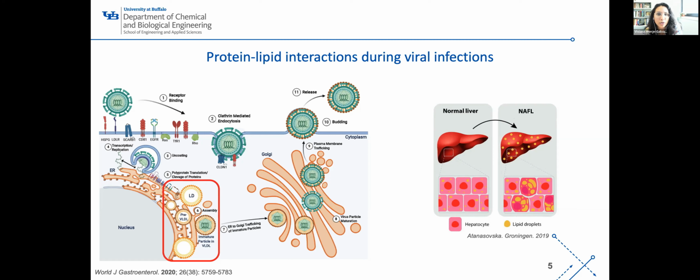When the cell cannot use them properly, that is, store the fat and then use it afterwards when needed, these fat storages start to accumulate, as you can see on the far right of my screen. When that happens, many different signaling cascades start to evolve, and the disease can evolve to fibrosis, sometimes into cirrhosis, which is liver scarring, and sometimes it can evolve into liver cancer.